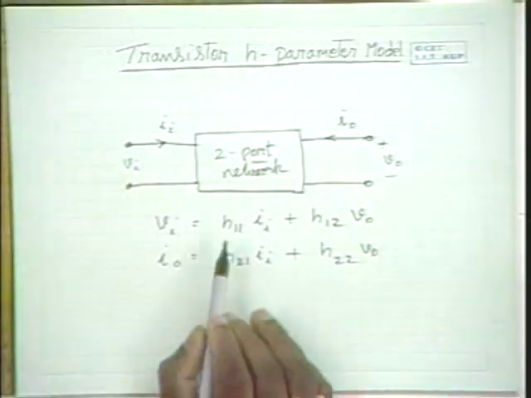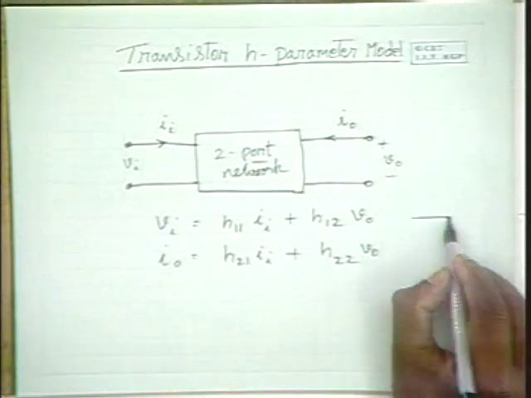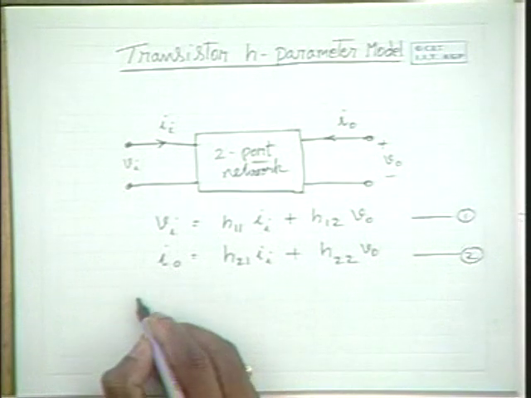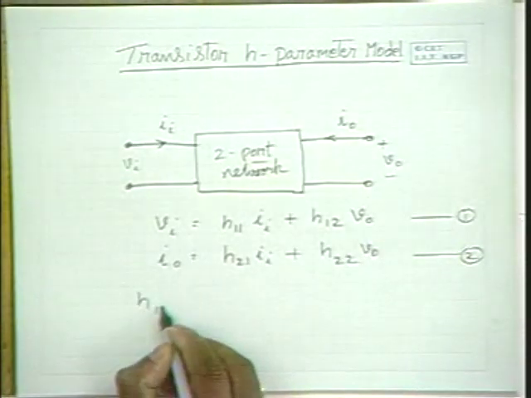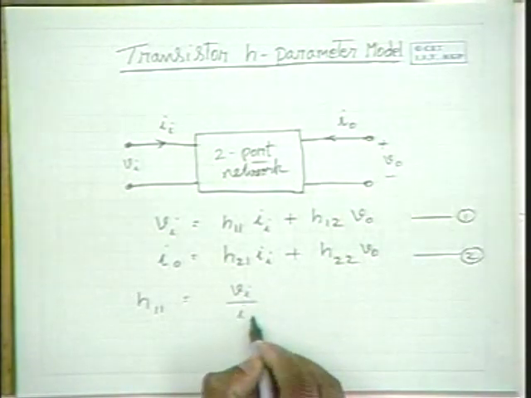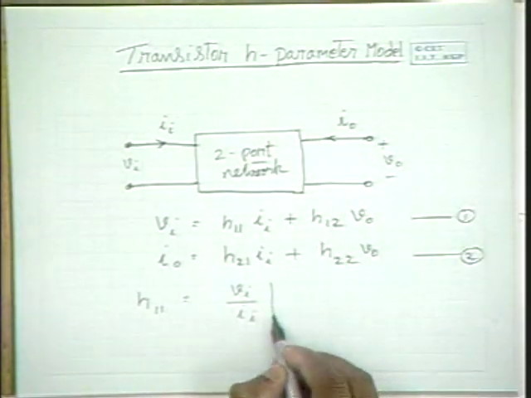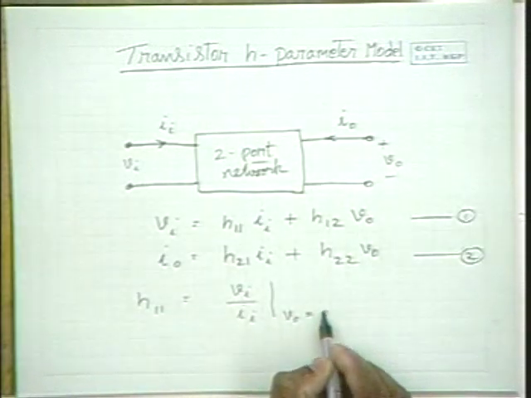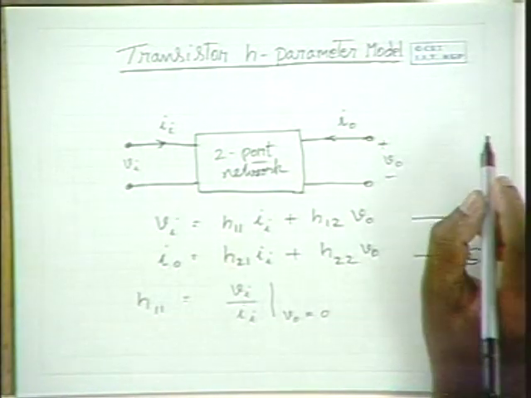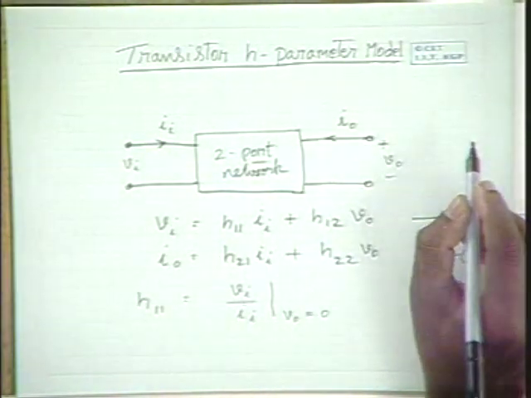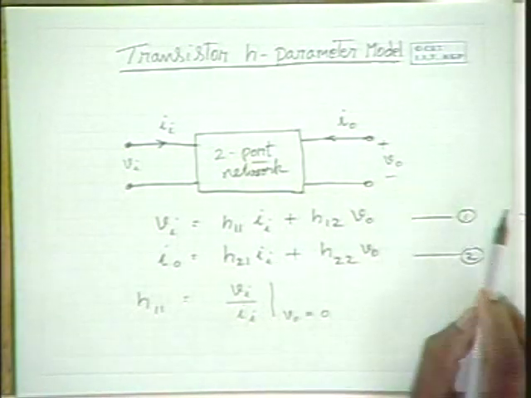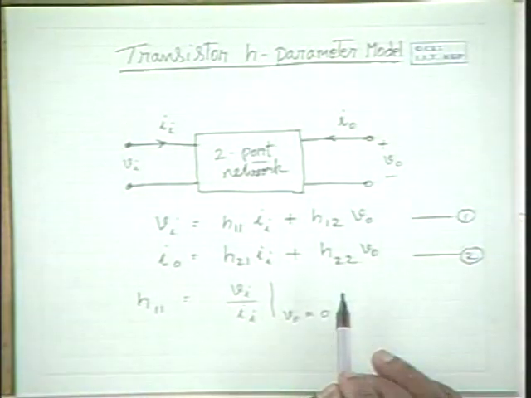Now look at the first equation here. So what is H11? H11 is Vi by Ii when V0 is 0. When do you get V0 as 0? When you short circuit the output, so V0 becomes 0.